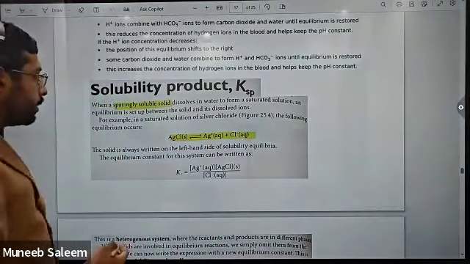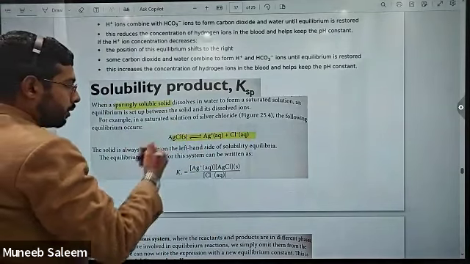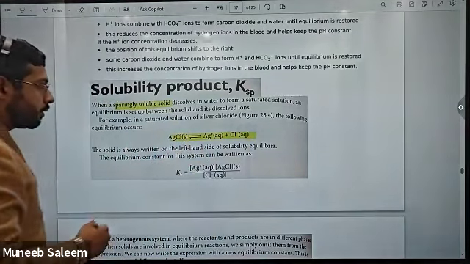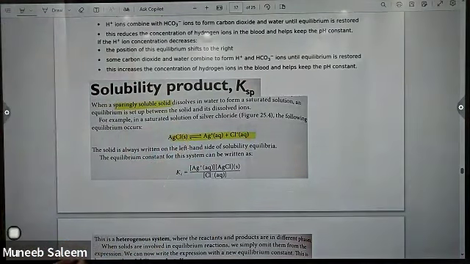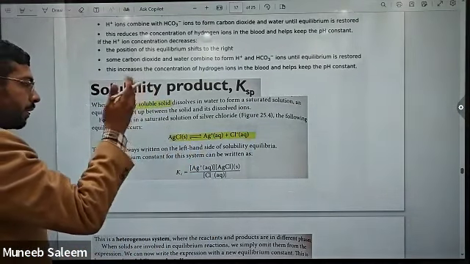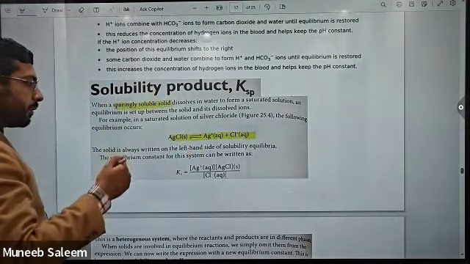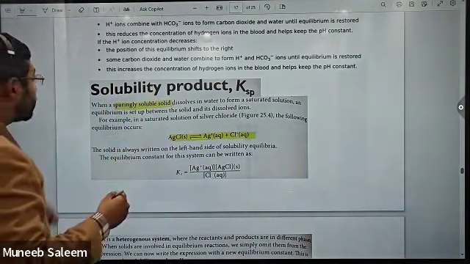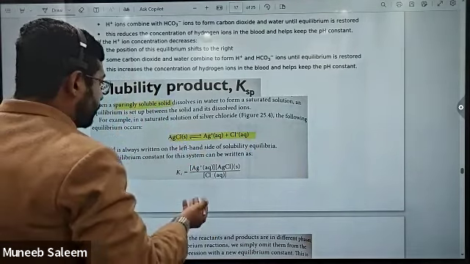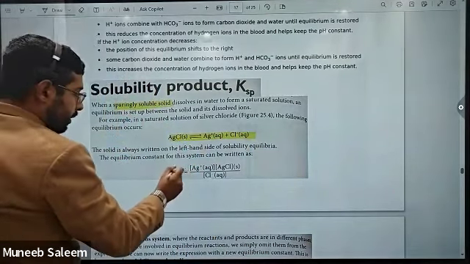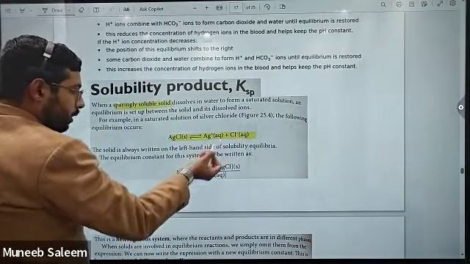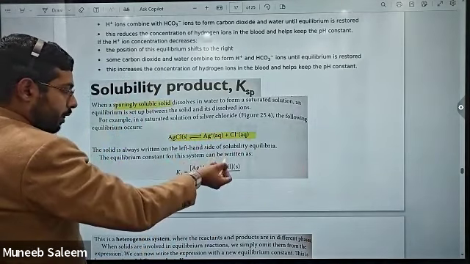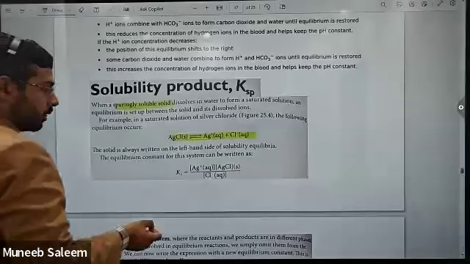When it dissolves in water, it converts into the silver ions and the chloride ions. So we can apply the equilibrium expression on this type of reaction. When we do, we have this type of expression: Kc is equal to the concentration of the silver ions, chloride ions divided by the AgCl.